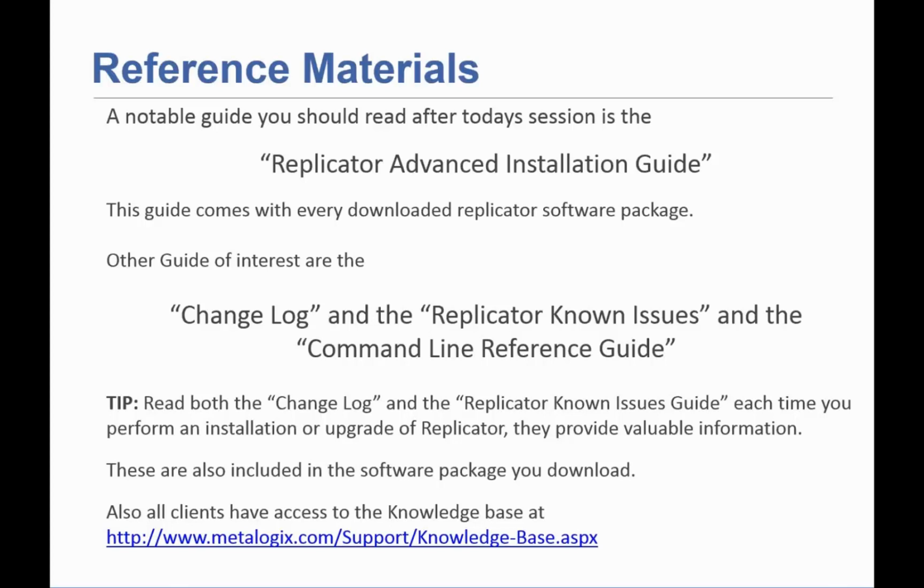The command line reference guide, as administrators or as the people doing the installation or the upgrade, there's a lot of useful command line commands that you can run, and you'll find all of those in the command line reference guide.